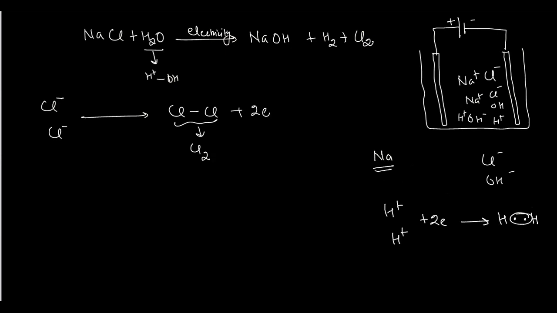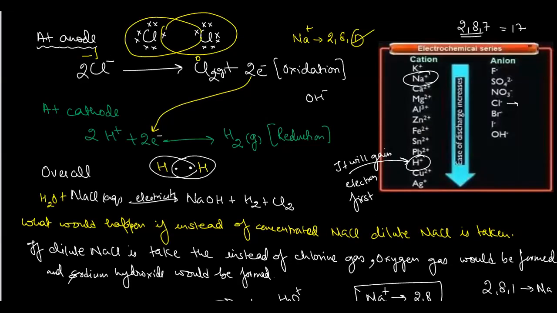Gaining of electron is called reduction, and removal of electron is called oxidation. At the anode, which is always electron withdrawing in nature, it removes the electron, and the cathode is electron donating in nature. So the cathode is giving the electron to the H plus ion, it is donating electron, means it is adding the electron, and this is called reduction.